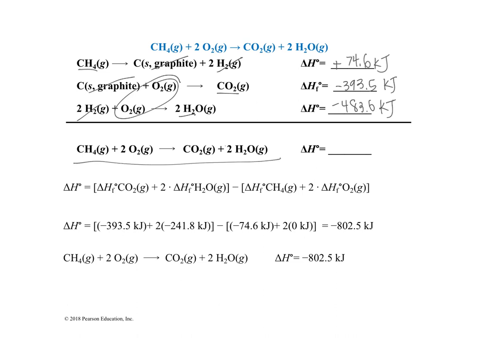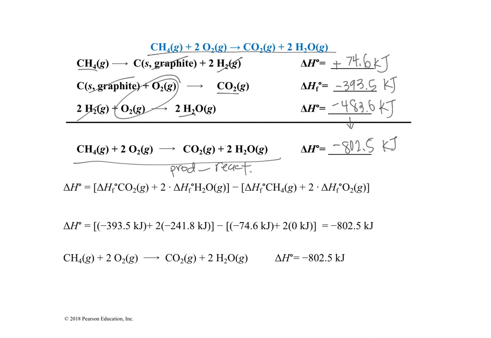When we add up these enthalpies down here, like with Hess's law, I get negative 802.5 kilojoules. So that was with Hess's law, using enthalpies of formation, but that is tedious. So I can now use my new formula, which is I take the enthalpies of my products minus the enthalpies of my reactants.